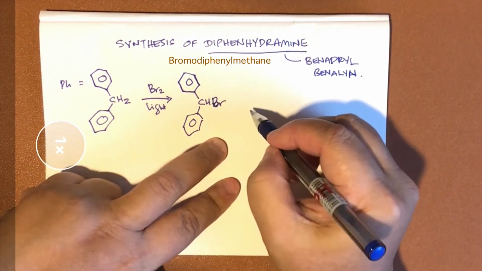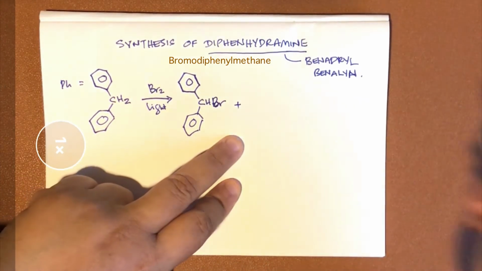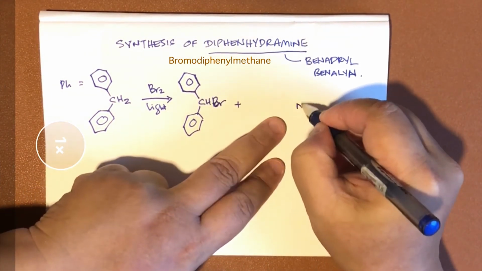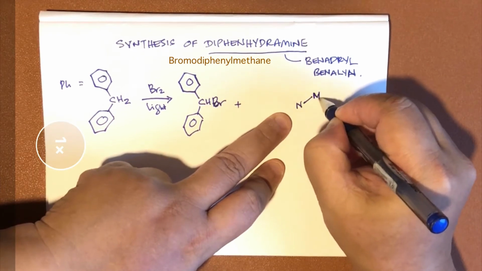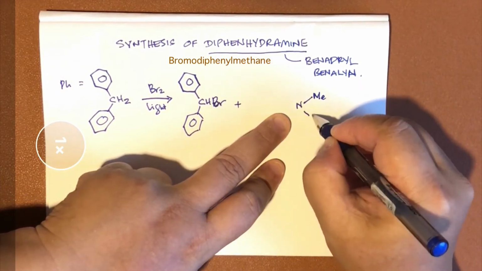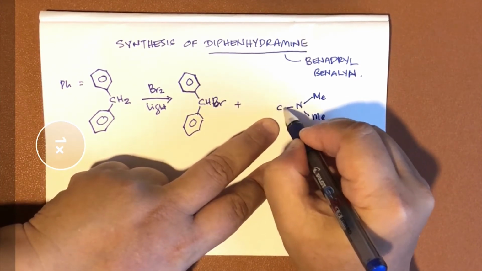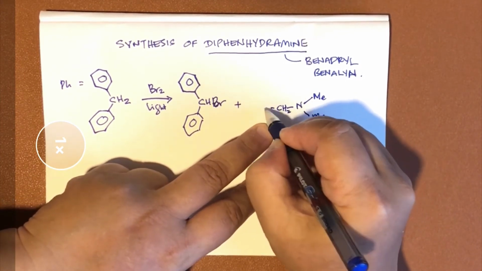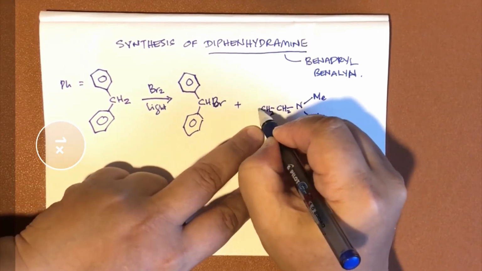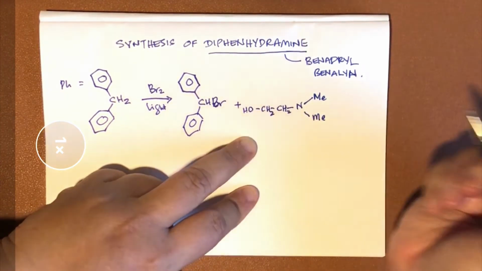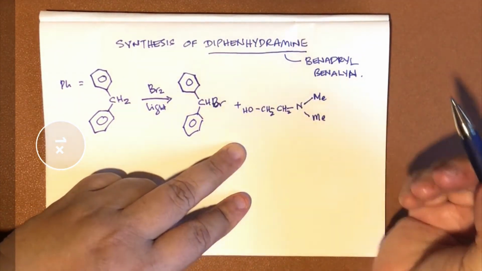This bromine species can then react with dimethylaminoethanol, CH2, CH2OH. It's a bit off, this one, but it's okay.